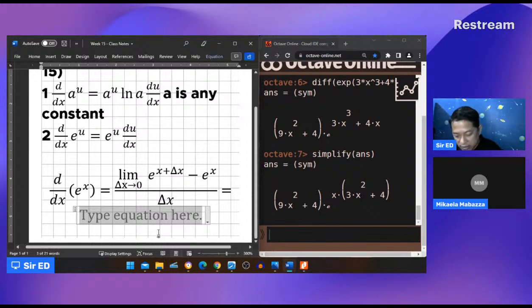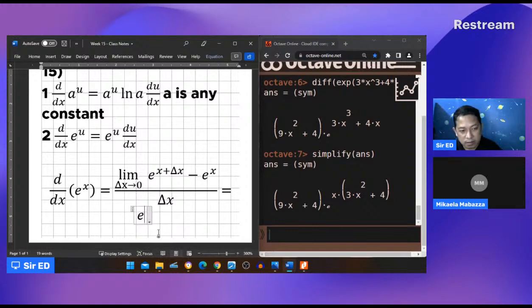So magiging e raised to x times e raised to delta x, minus e raised to x, all over delta x.